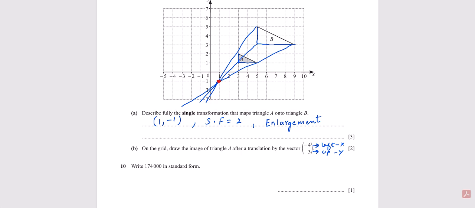So 1, 2, 3 and 4, and 3 is up. 1, 2 and 3. And now draw the image of triangle A. Like this. This is the image of triangle A, which we call A dash. This is our final answer.